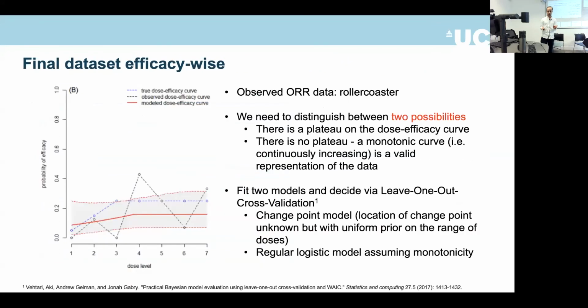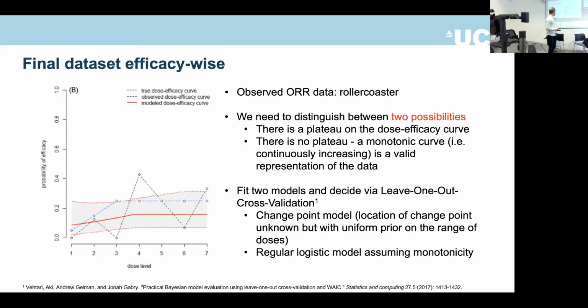The observed response rate is plotted here in black. If you look at the slide, you see that it's 0 at dose level 1. No one had a response at dose level 1. Then it goes up, goes back to 0 at dose level 3, shoots to 40% at dose level 4, goes back down, and goes back up around 35% from dose level 7.